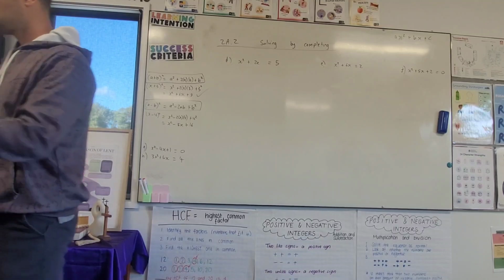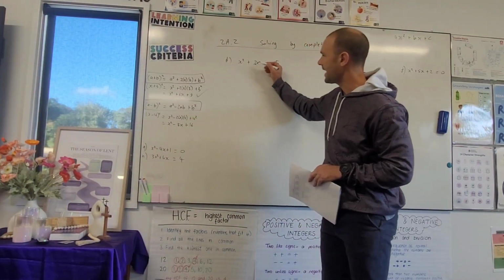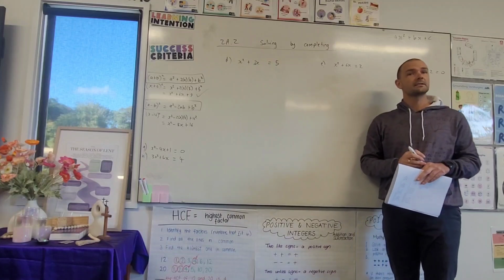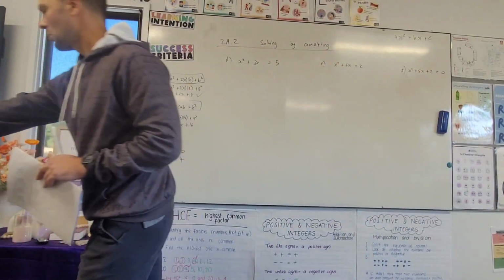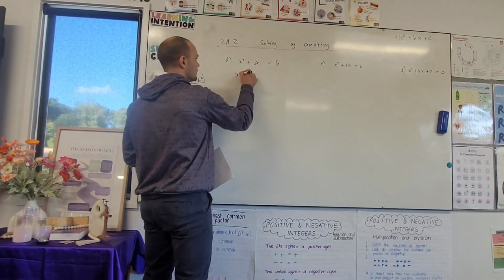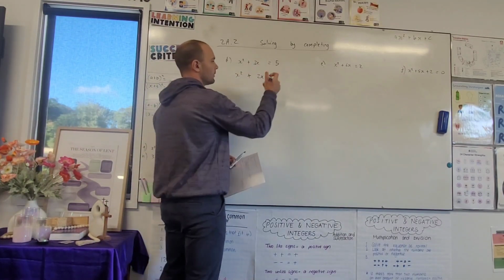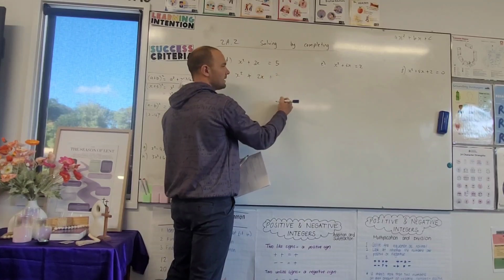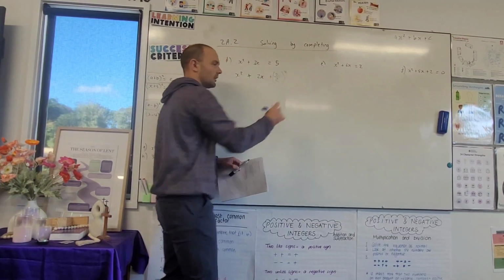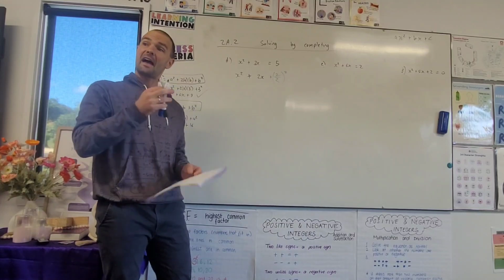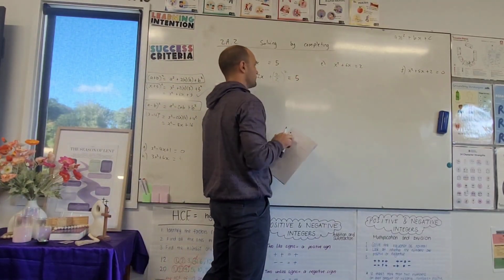Now in this circumstance, b is the coefficient of x. So in this circumstance, b is positive 2. So what we're going to do, I'm going to write it in blue, we're going to add b divided by 2 squared to the left side. Because we've added it to the left side, therefore we also need to add it to the right side.